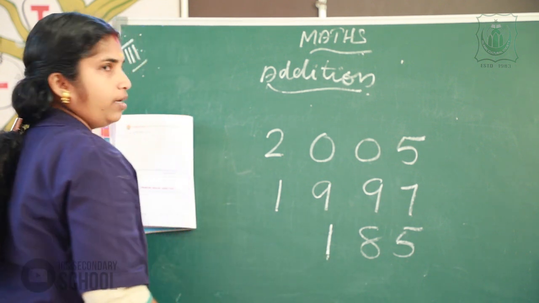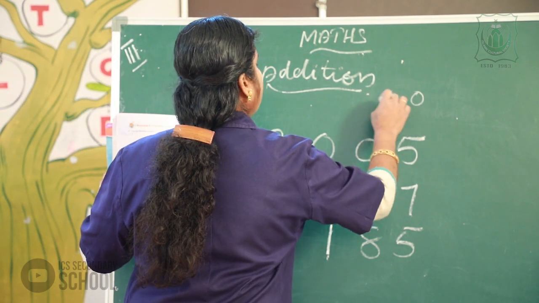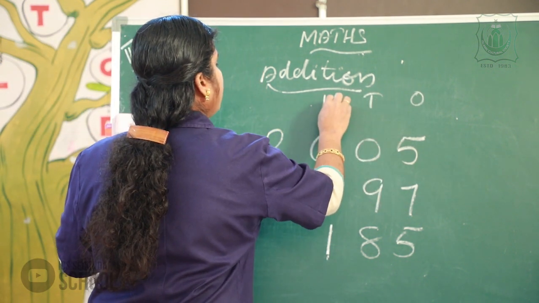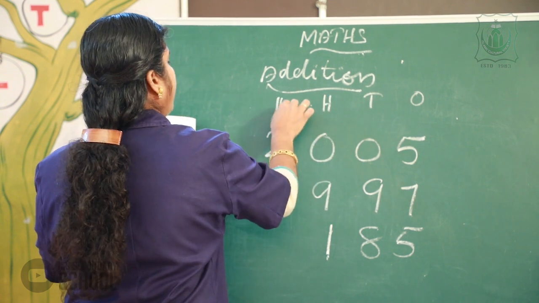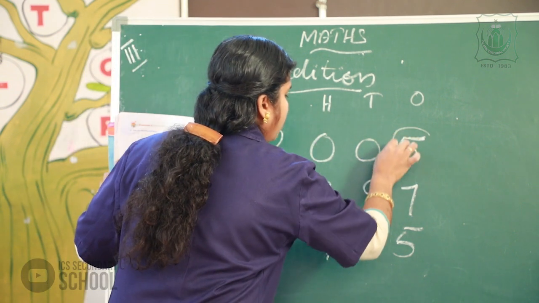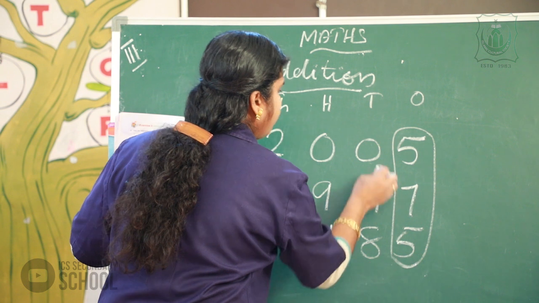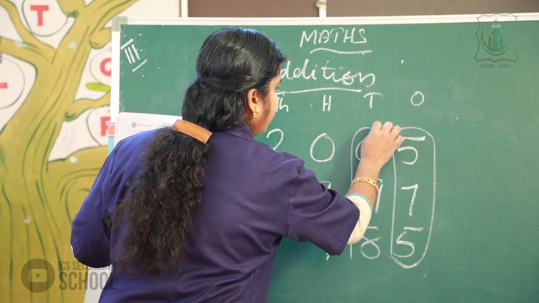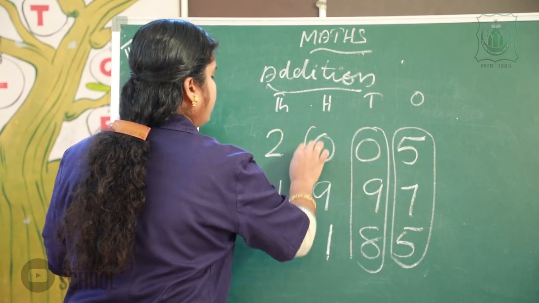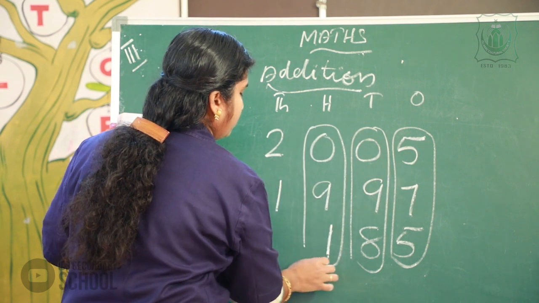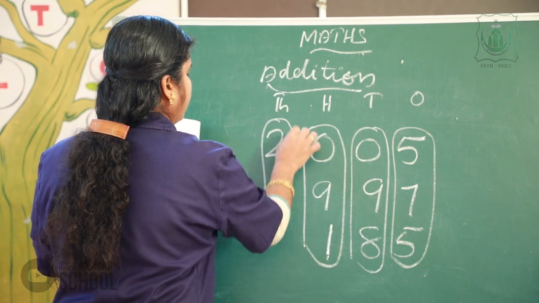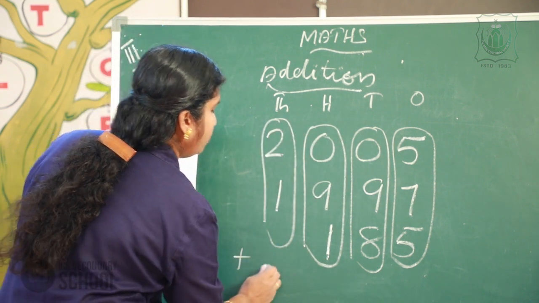Clear? Okay. 1 place, 10 place, 100 place and 1000 place. Arrange in columns. Start adding.